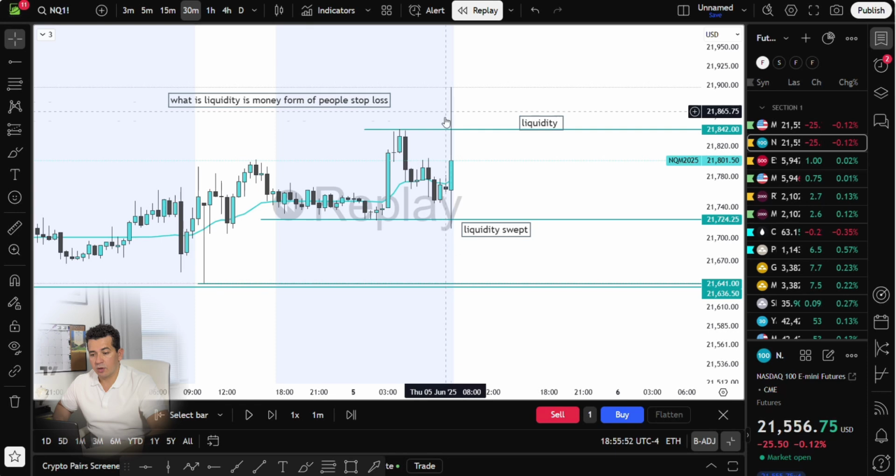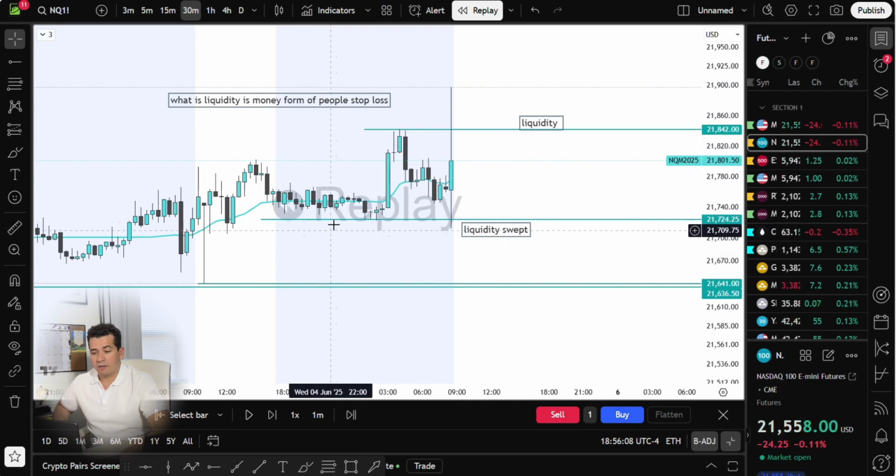So liquidity swept on the bottom, liquidity swept on the top. All these stop losses were taken out, so fast. If you're sitting there waiting, you're just going to get stopped out. So let's avoid that, and let's keep playing.